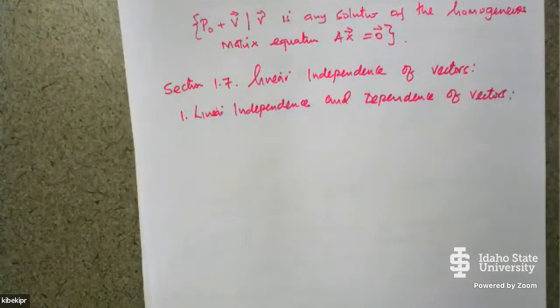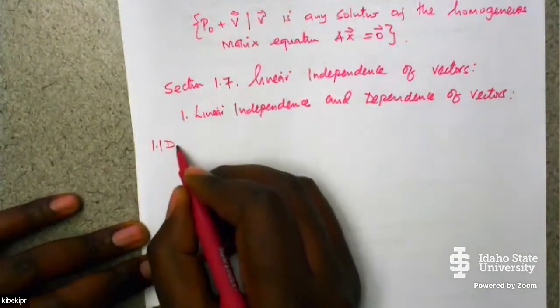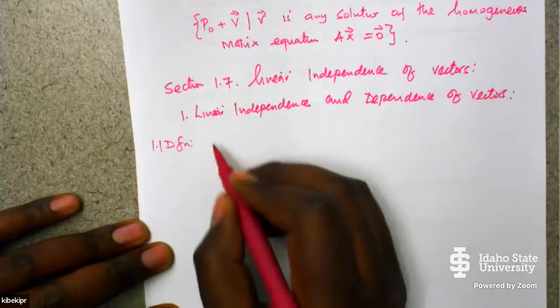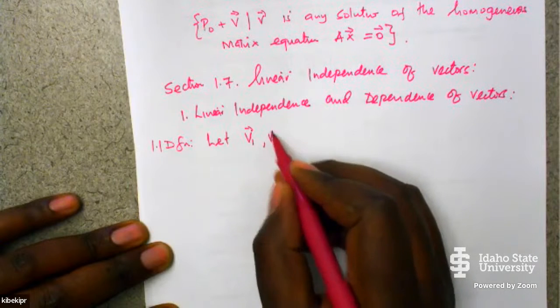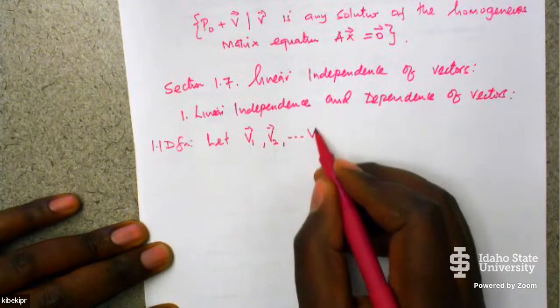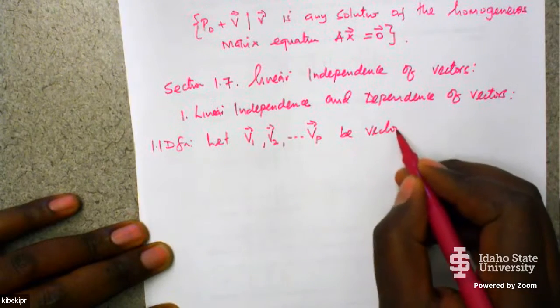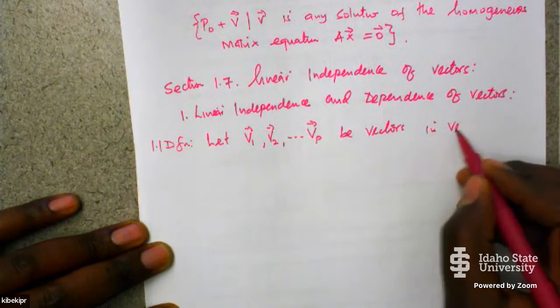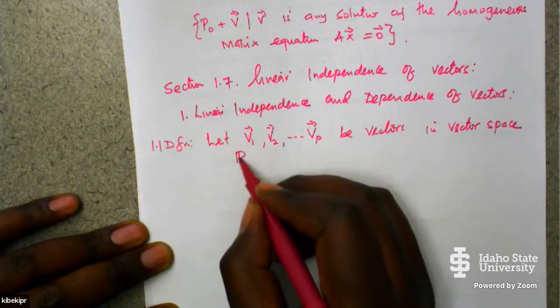Okay, so what is linear independence and linear dependence? Let's look at 1.1, which is the definition. Let V1, V2, all the way to Vp be vectors in the vector space Rn.